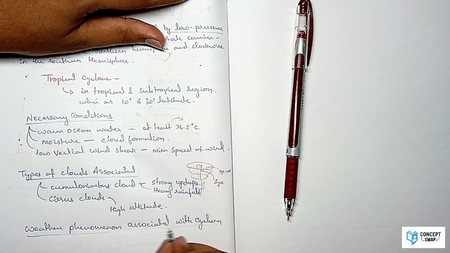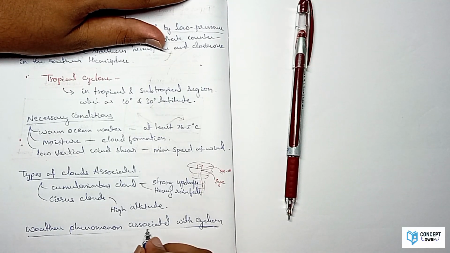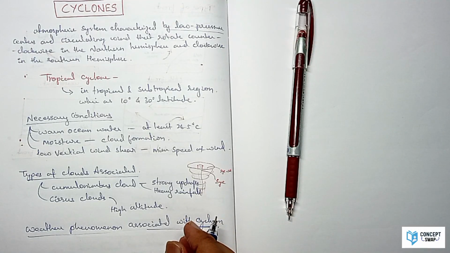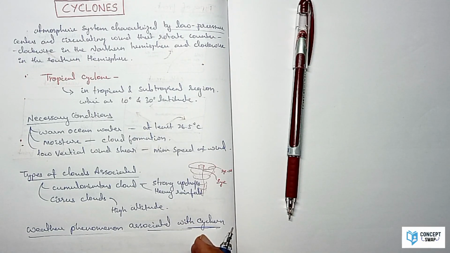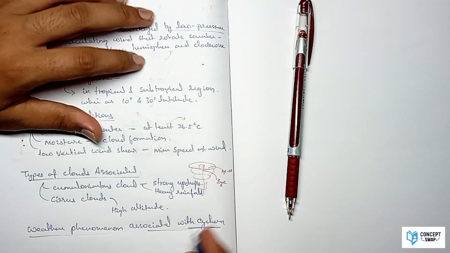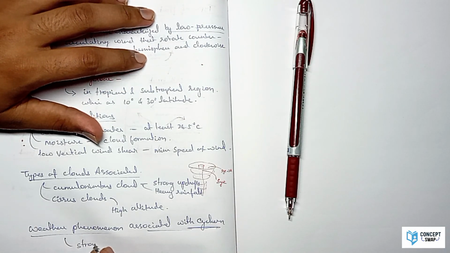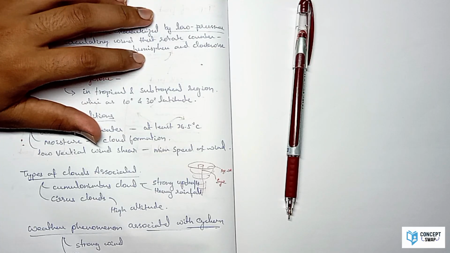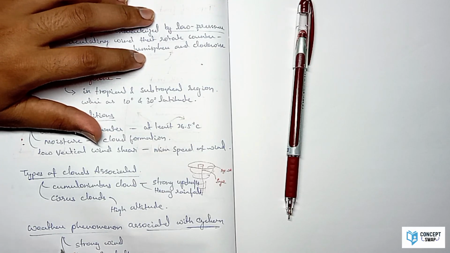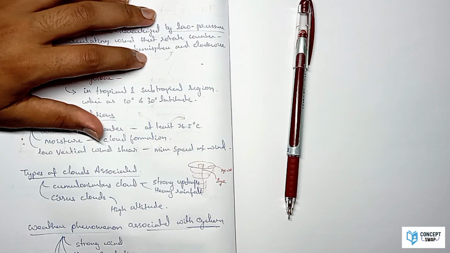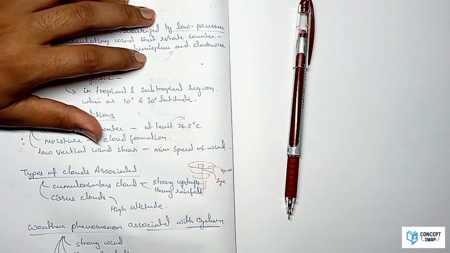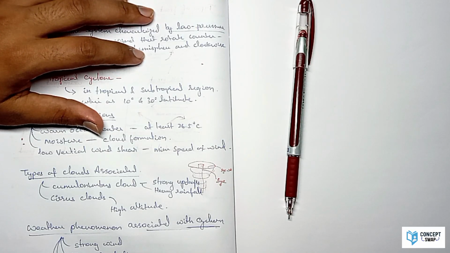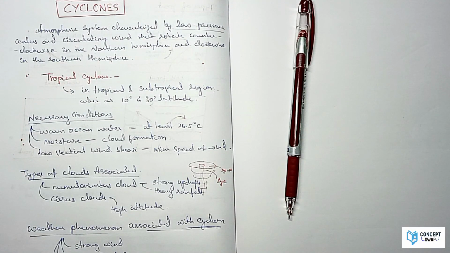Strong wind, heavy rainfall, storm surge, and tornadoes. These are the phenomena associated with the cyclone.